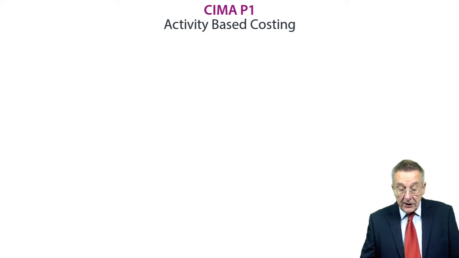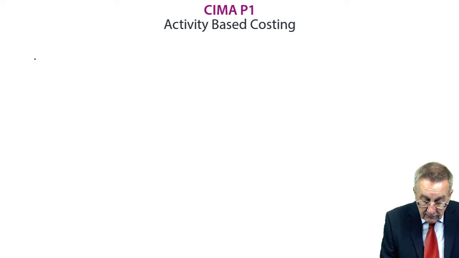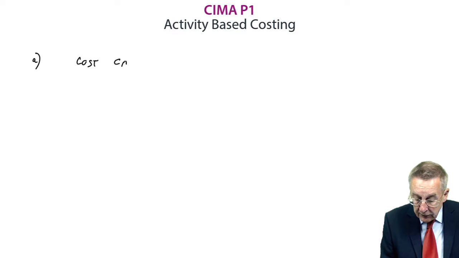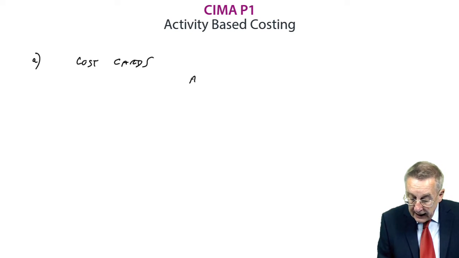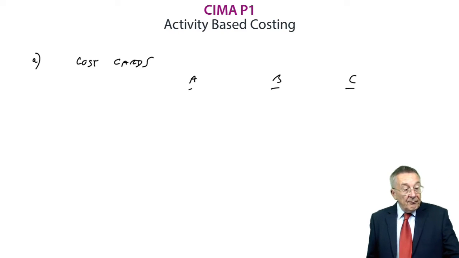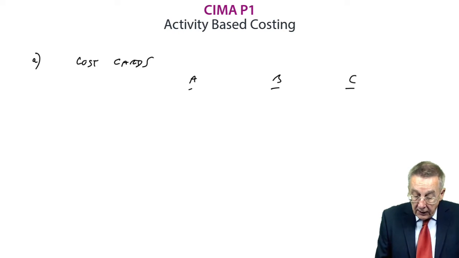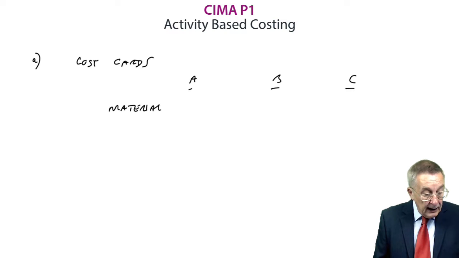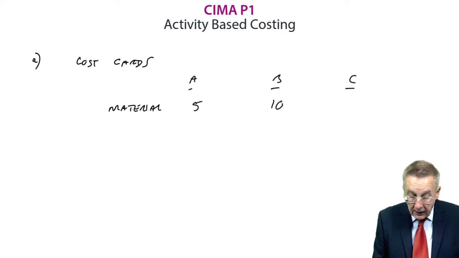Alright, let's do part A, which is, I think, pretty quick. We want to know the cost per unit, so I'll do the cost cards for each of the 3 products, A, B, C. We know the material cost. A is $5 a unit, B is $10, C is $10.